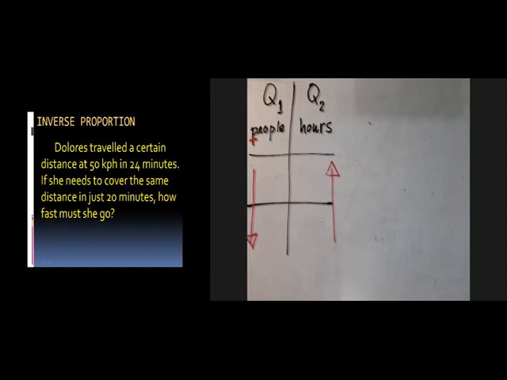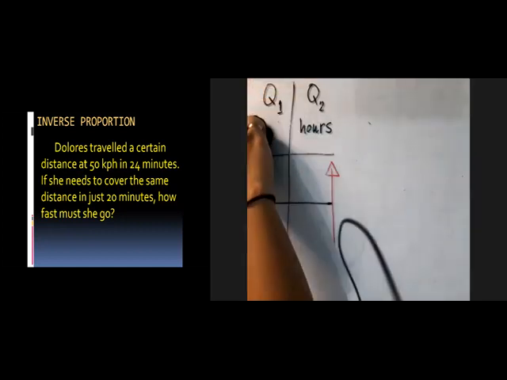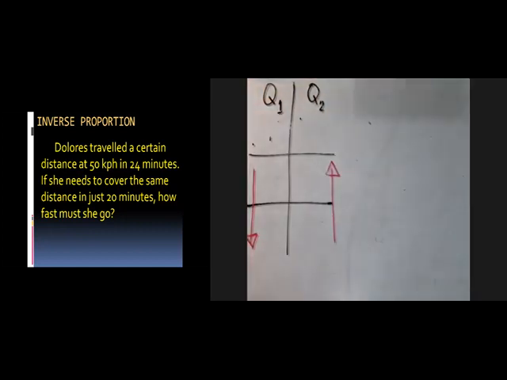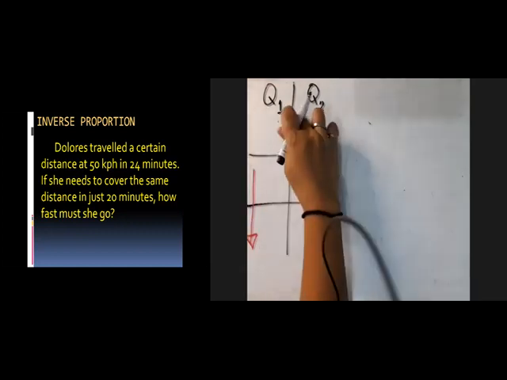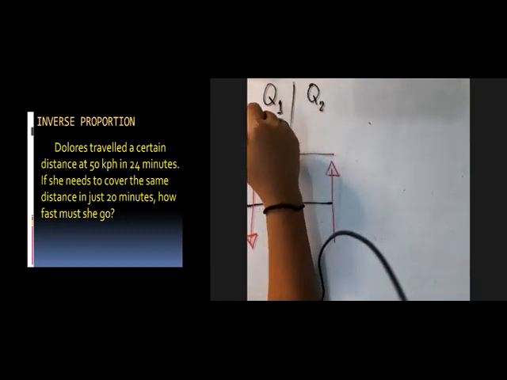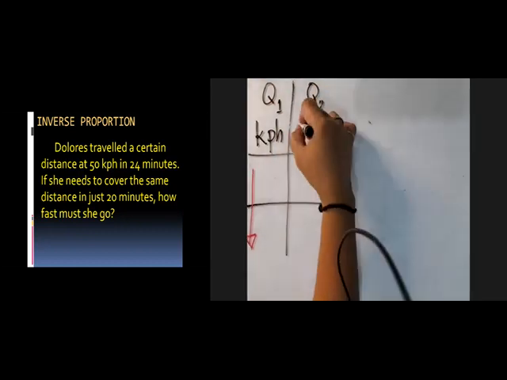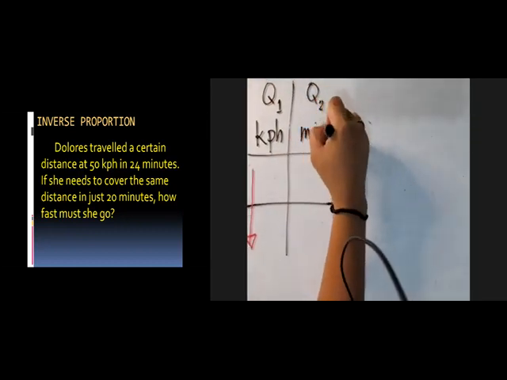And since this is an inverse proportion problem, hindi na relevant yung kung gaano kalayo yung binyahe niya. Kasi dahil inverse proportion yan na problem, ang kailangan nating quantities ay yung speed at saka yung minutes, number of minutes. So let's have here the unit for speed, which is kilometers per hour, and the number of minutes.